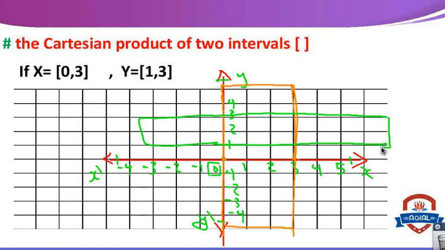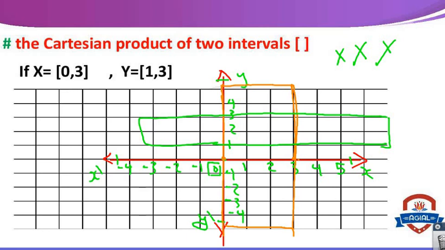Number 3, the intersection region of the two colors represents X Cartesian product Y. The intersection between them.